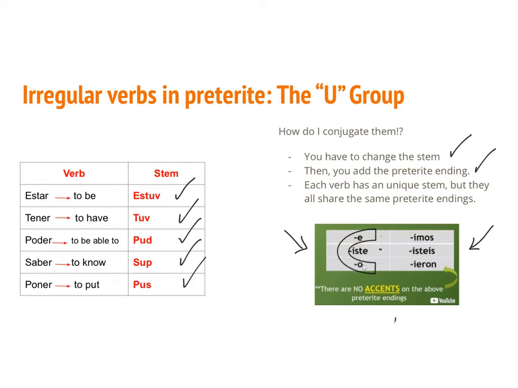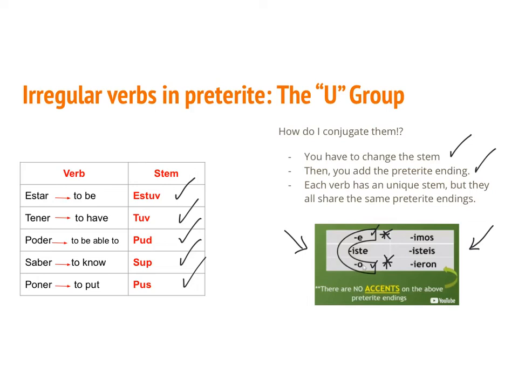So these are the endings you use. Now, why do I have a U shape here? You're making the connection with the U group. Yes, but also because this is important. Usually in preterite, accent marks play a very important role. But here in these irregular verbs, the yo form and the he or she form do not carry accents.